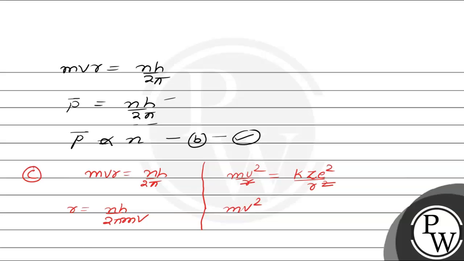So mv square equals kZe square, and in place of r we can write nh upon 2 pi mv.